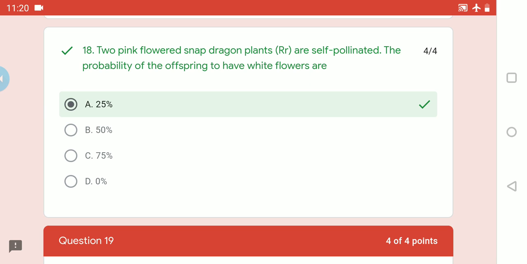If you take the percentage, 1:2:1, that's 25% red flowered, 50% pink flower, and 25% white flower. So here what they are asking is white flower. The 25% is white flower. So this is how to calculate in the easiest manner.